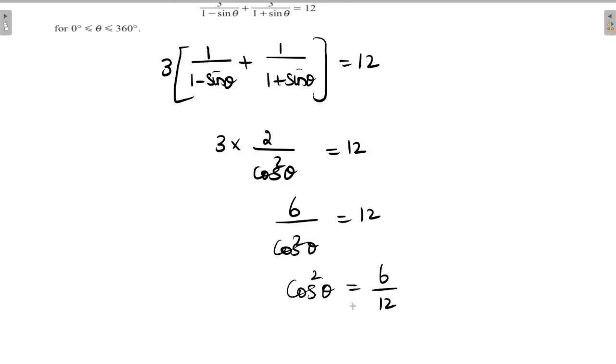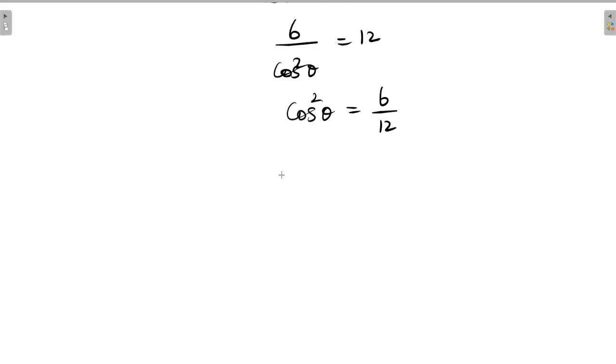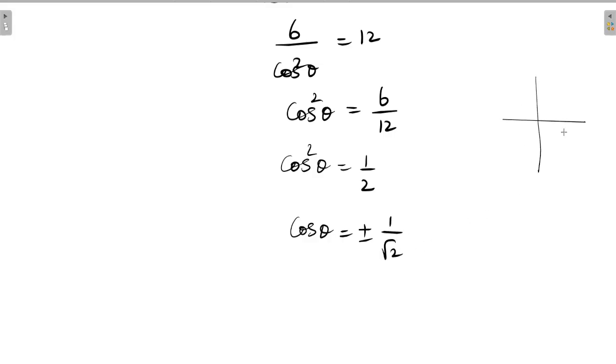The simplified form is cos square theta is equal to 1 by 2. So cos theta is equal to plus or minus square root of 1 by 2, that is 1 by root 2. Now one of the values is cos theta is positive 1 by root 2 and cos theta is negative 1 by root 2.